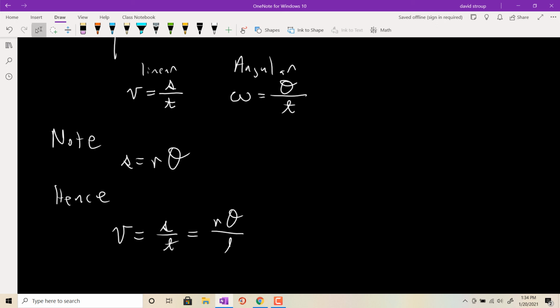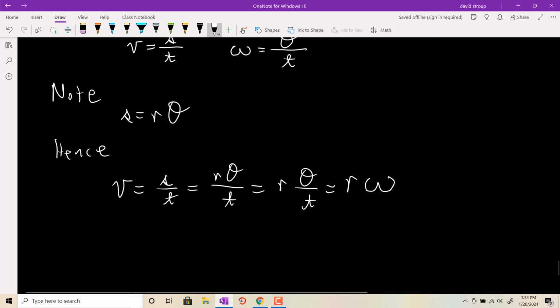You end up with R theta over T, which you can rewrite as R times theta over T, which we can rewrite with angular speed as R times omega. So we have this other formula for free where we connect the linear and the angular speeds.